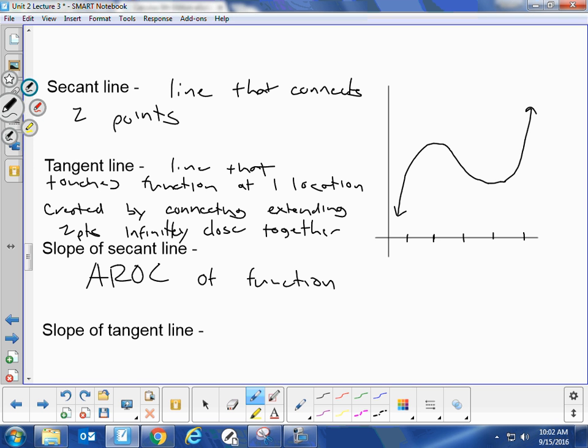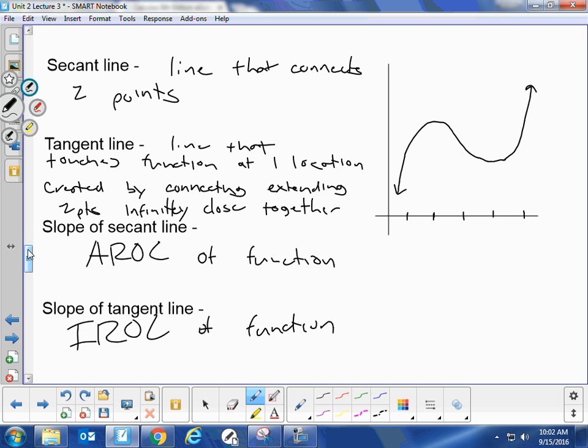Okay? However, instead of it being average rate of change, since it's essentially at that location, this turns into instantaneous rate of change. And this can tell me exactly how fast I'm traveling, in what direction, at a specific point.